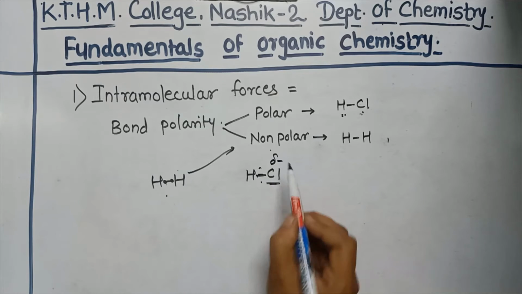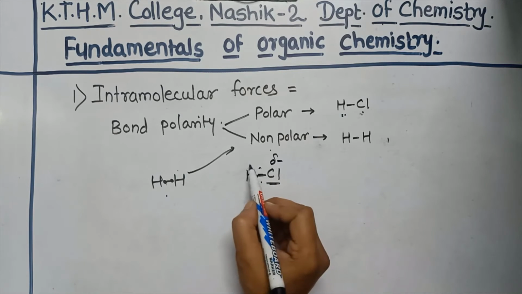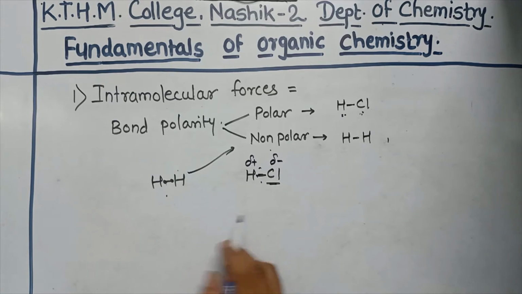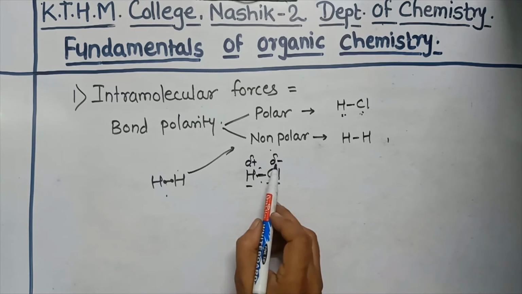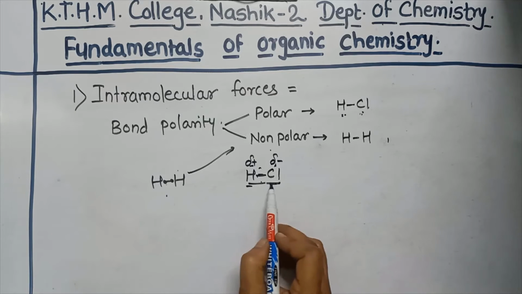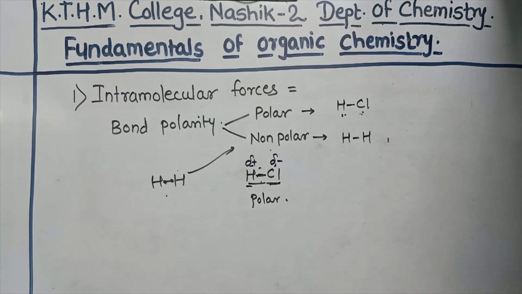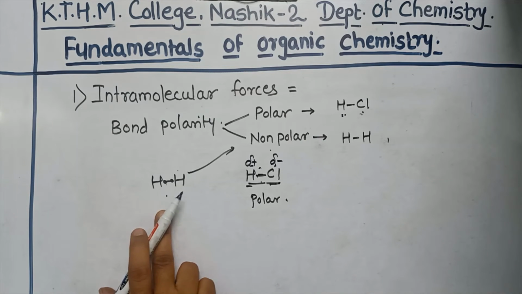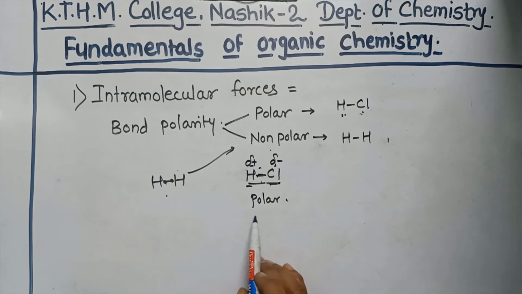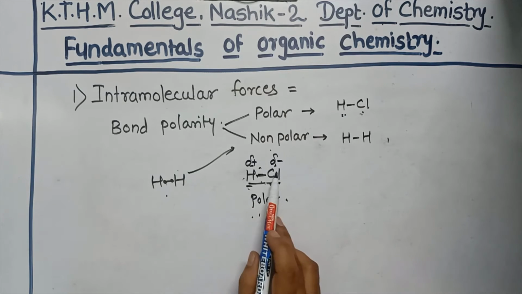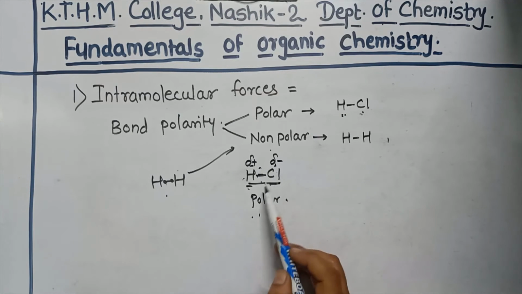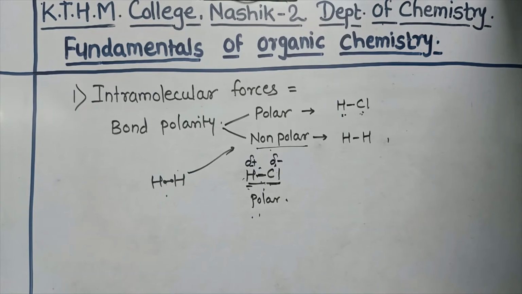Due to that it acquires a delta negative charge, and the other atom acquires a delta positive charge. That means charges are formed and the poles are separated, hence these compounds are examples of polar molecules. Here there is no charge separation, hence they are non-polar, while here, due to the electronegativity difference, they form poles, and they are termed polar molecules.